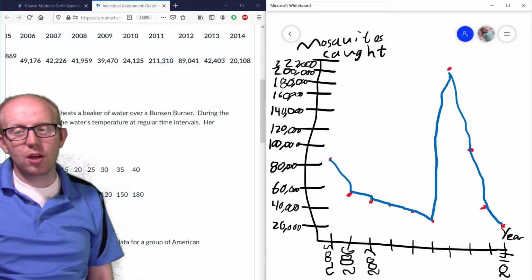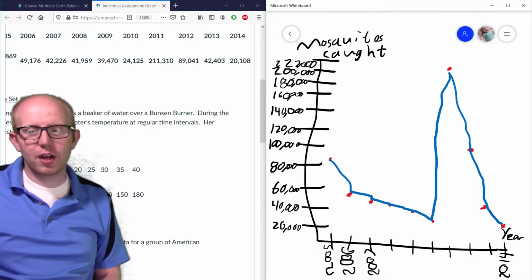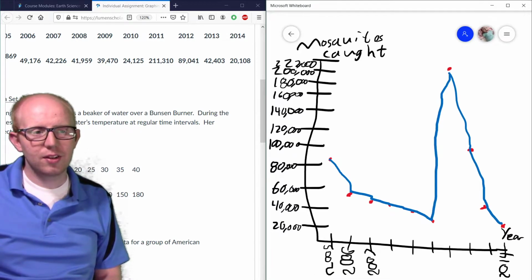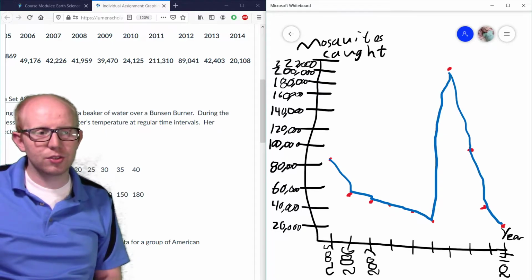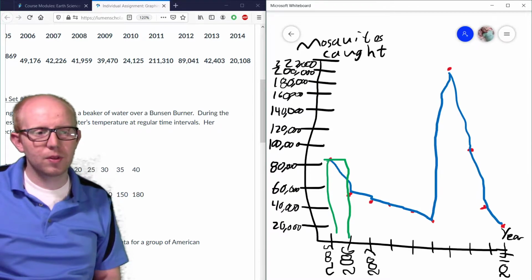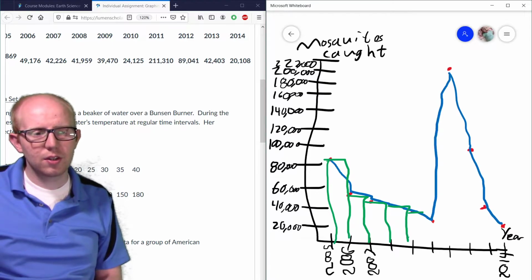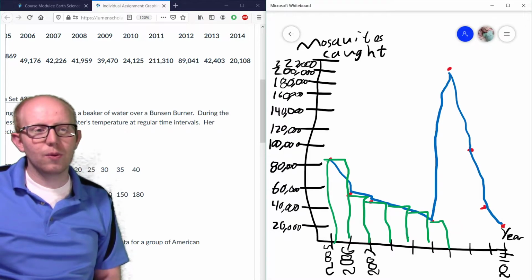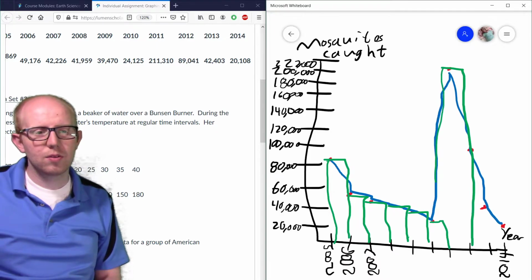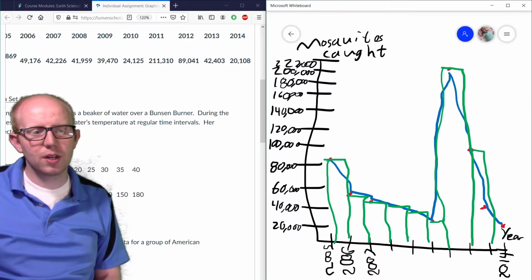Okay. If you want to make this a bar graph, all you got to do is, instead of doing lines, you basically just do bars for those values. Okay. So there's 2005, 2006, 2007, 2008, 2009, 2010, then all the way up here for 2011, 2012, 2013, 2014.